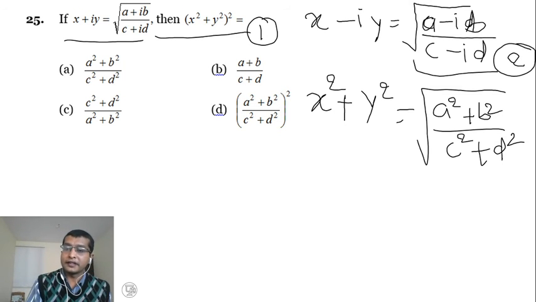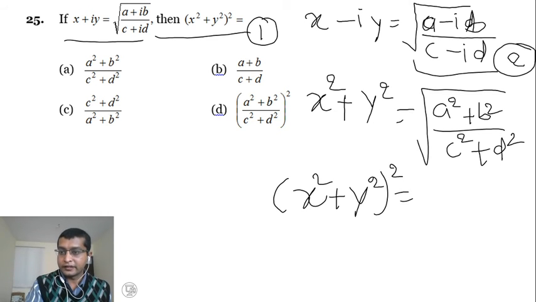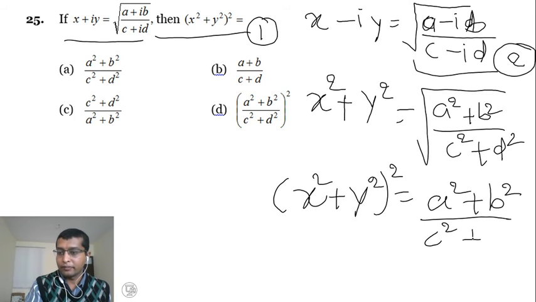Now the square root, if you transport it to that side, becomes a square. So x square plus y square whole square equals a square plus b square divided by c square plus d square, right?